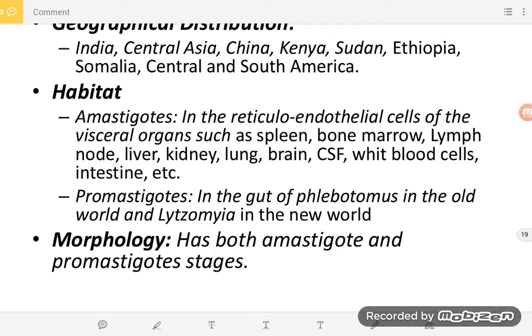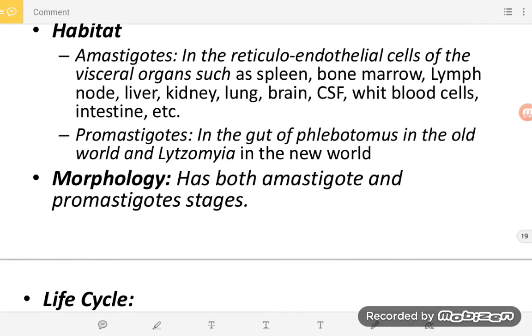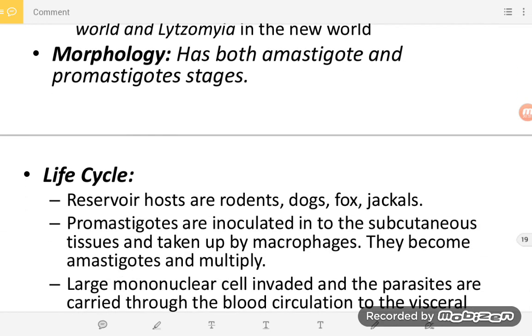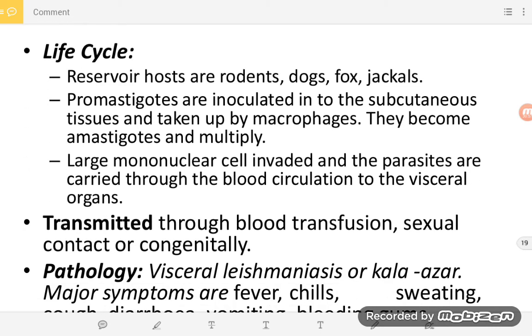Then the promastigote form, again, we can see in the vector, Phlebotomus, and in culture. We all know already the morphology is similar in all species. Life cycle: reservoir hosts are rodents, dog, fox.